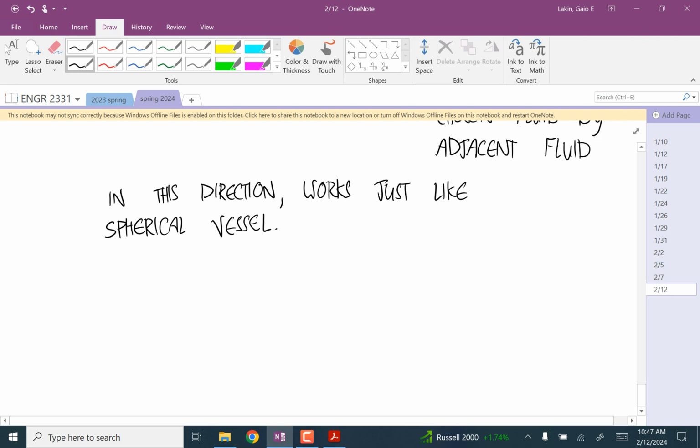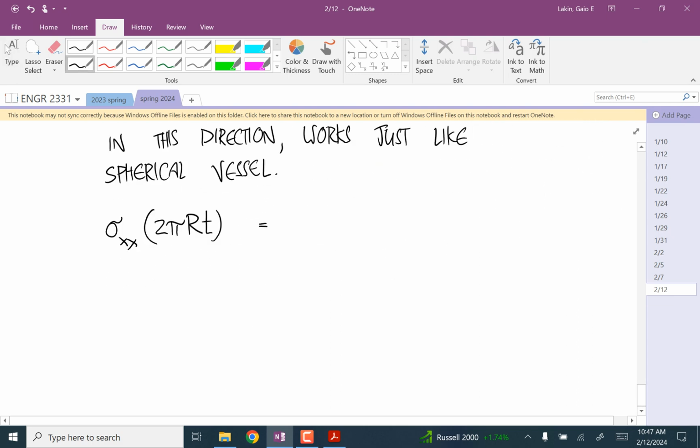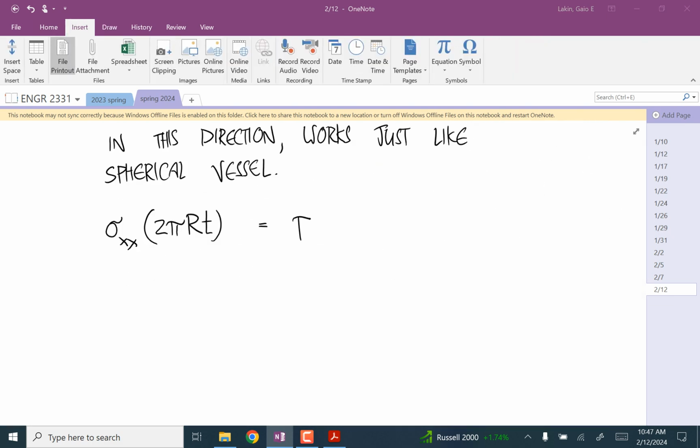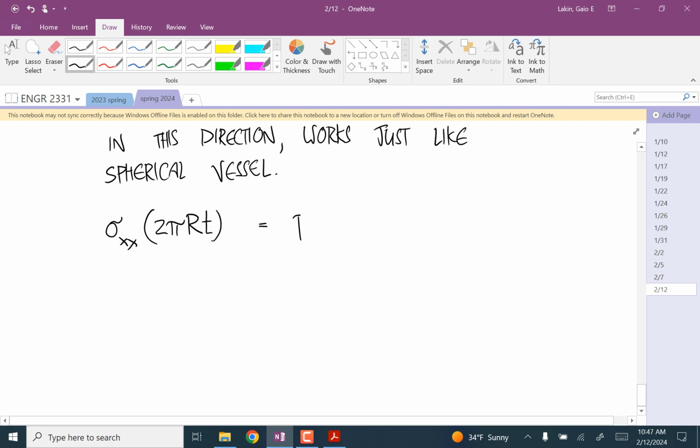So you have the XX stress times the area, which was 2 pi r, that is the length, and then multiplied by t, the thickness, is equal to the pressure times pi r squared.